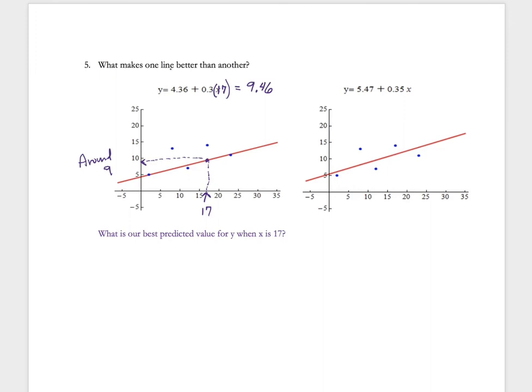So the y coordinate at this point, 9.46, has created an error because we have an actual piece of data right up here where the x coordinate is 17 and the y coordinate is 14. This distance right here is our error.